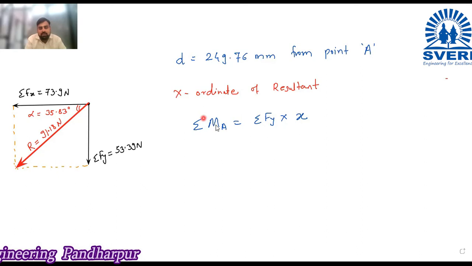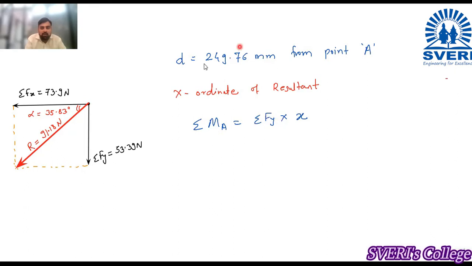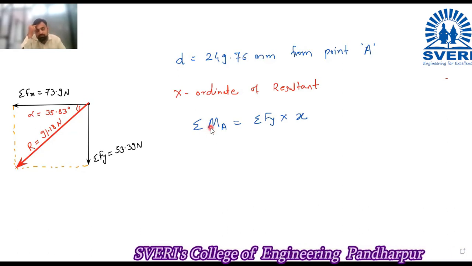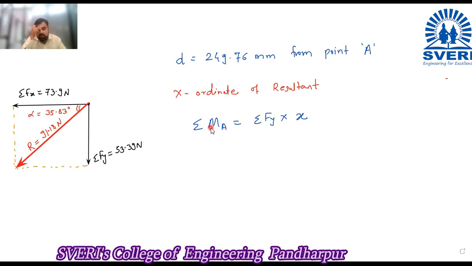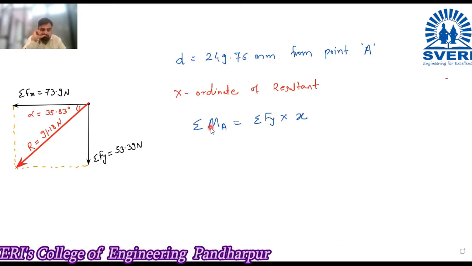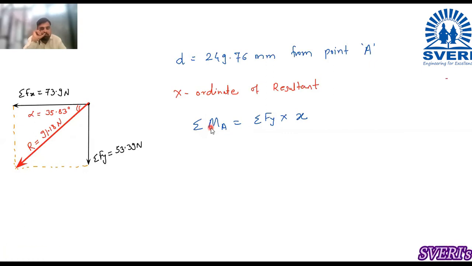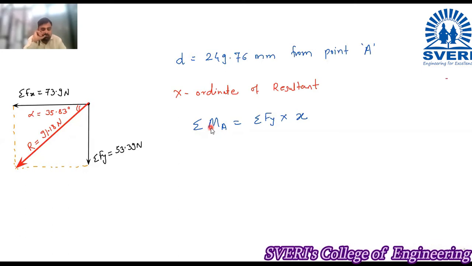We equated summation M about A equal to R into D. We know the value of the moment at A and we know the value of R, and from that we calculated this value. Now you have already calculated the moment at A. Let me know the value of that moment at A. Take the moment of all the forces about point A. We have already done that.